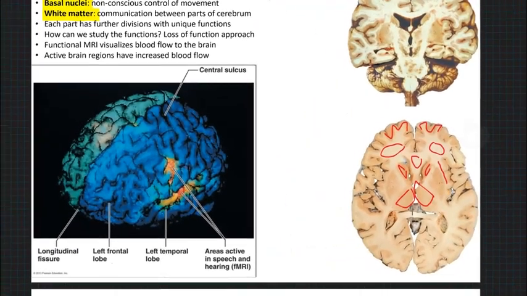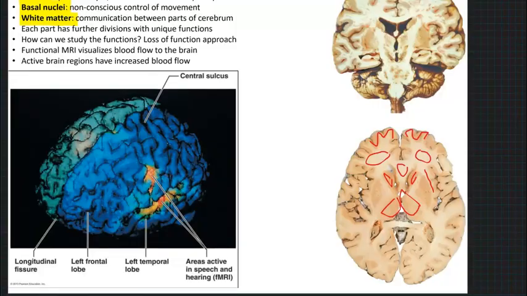Now, how do we know that? Did you say that's the control of all movement or just involuntary? Involuntary. Okay, let me rephrase it. This is the level of control of movement that we can't consciously appreciate.